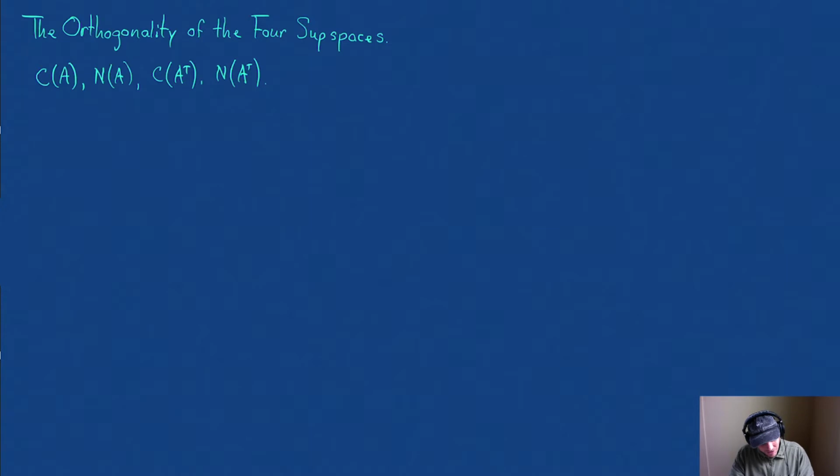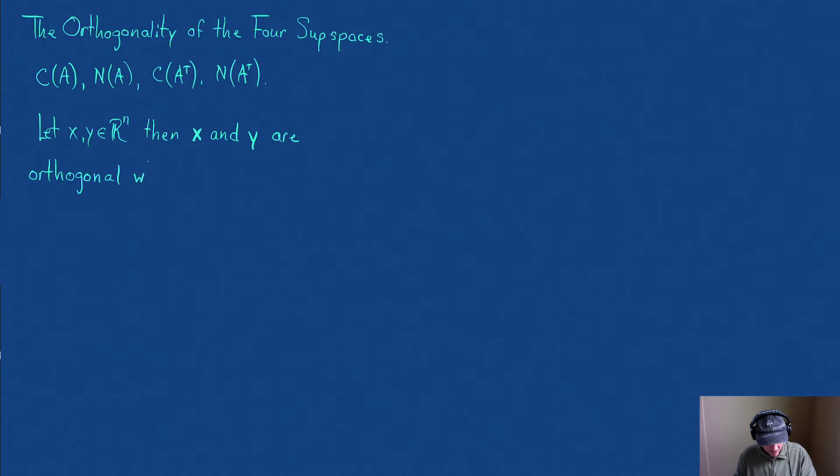And what orthogonality means is this. Let x, y be just any vectors in R^n. Then x and y are orthogonal when x dotted with y equals 0.